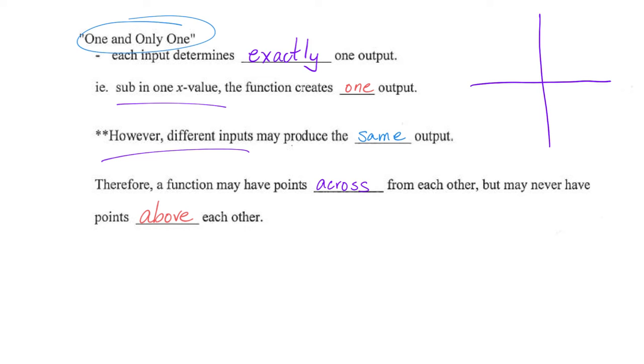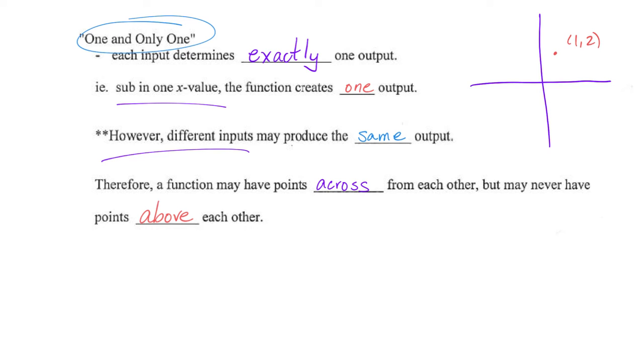When I figure out what that does, it spits out an output, and let's say it gives me an output of 2. That's what it means to have the point (1, 2). If I chose 1 as my input, sub it in, and follow my rule, it spits out a 2. Therefore, the point (1, 2) is on my relation or my function. Okay, well, let's say that I pick a different input.